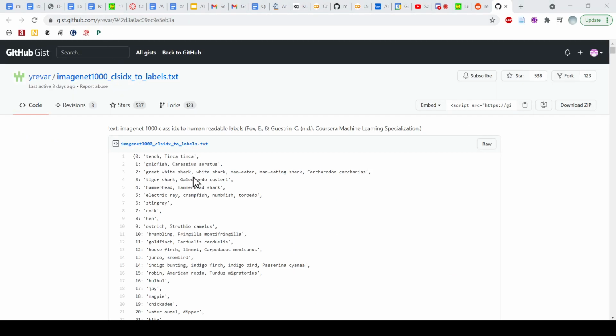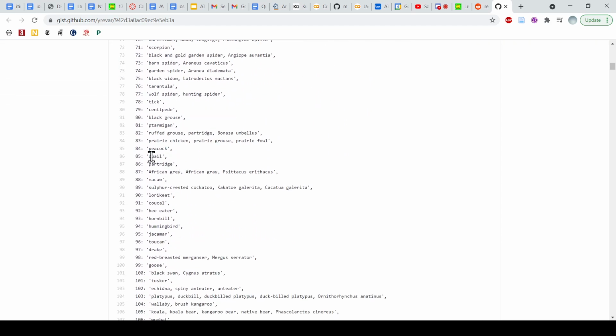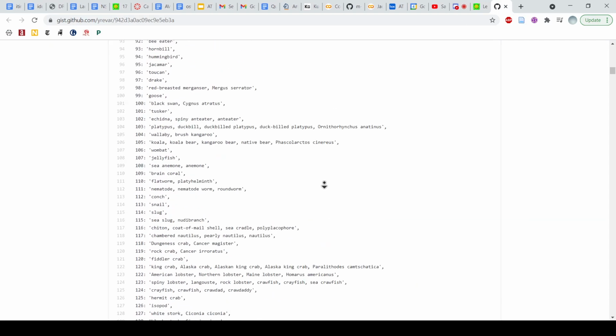So you'd have goldfish, great white shark, etc. And you would say, okay, is this a quail? Is this a peacock? Is this a ptarmigan? Is this a centipede? Is it a tick? On and on and on. And you would just feed that into CLIP and say which of these descriptions best matches the image. That's kind of the way that they set it up to be used.